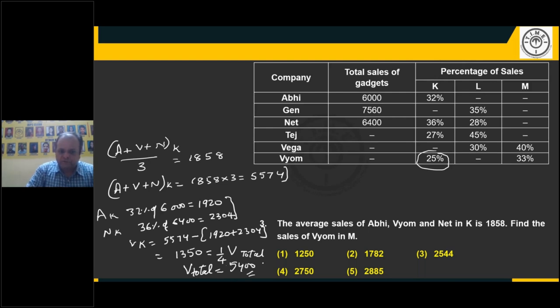Now, if Vyom's total is 5,400, we have to find sales in M. So M in Vyom is 33%. So can we say 33% of 5,400? This is 33 upon 100 into 5400. The 0 gets cancelled out. If we multiply this, we get our answer as 1782.